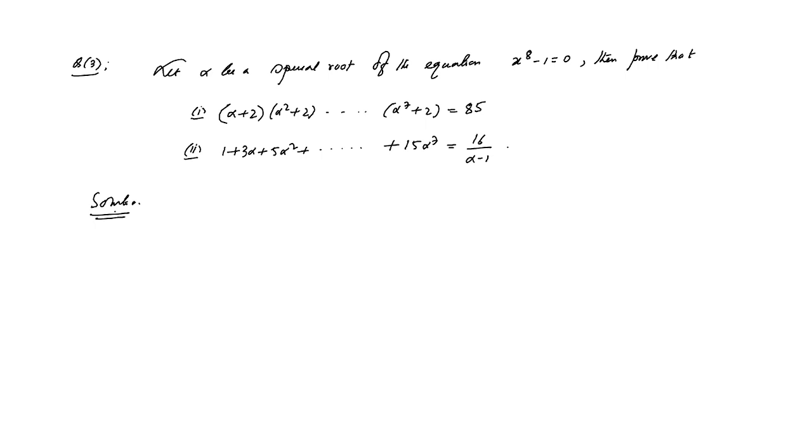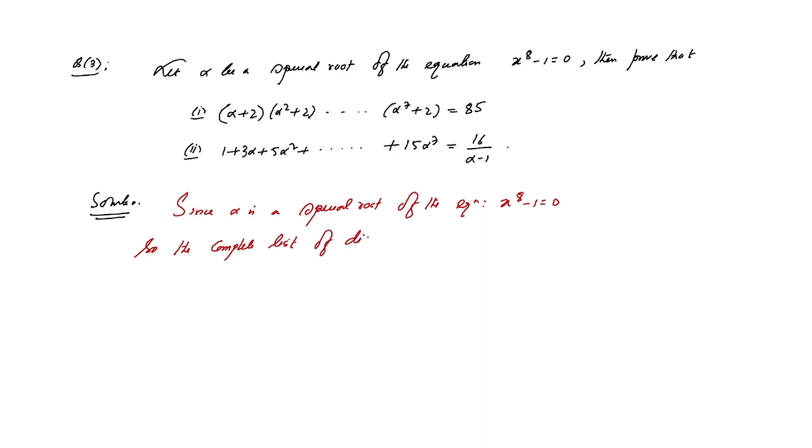So now we'll come to the solution. Since alpha is a special root of the equation x to the power 8 minus 1 equals 0, the complete list of distinct roots of the equation are 1, alpha, alpha square, up to alpha to the power 7.